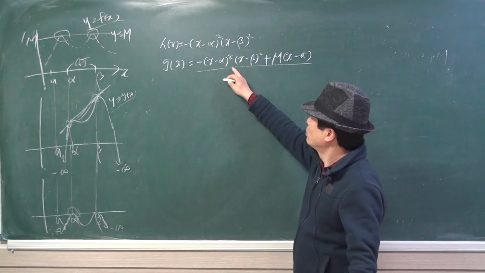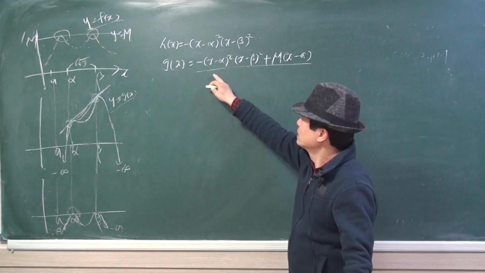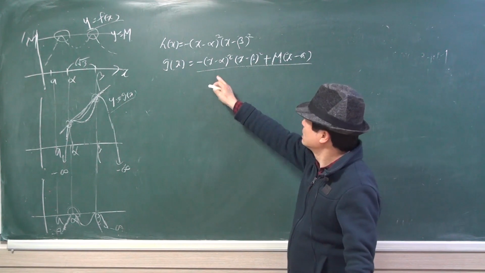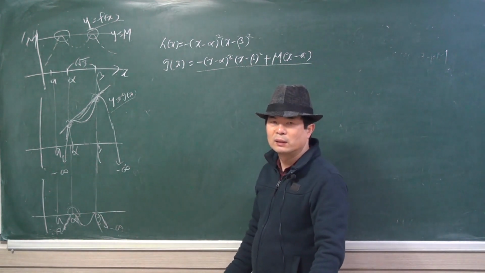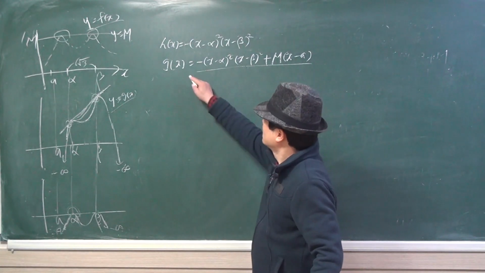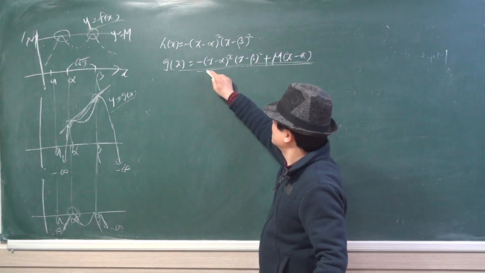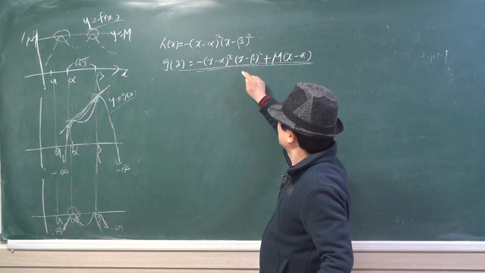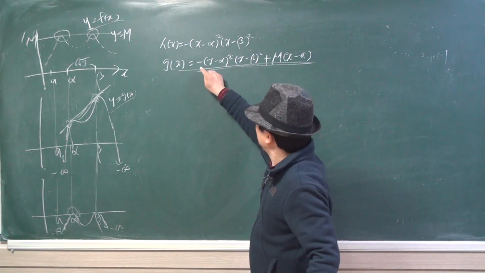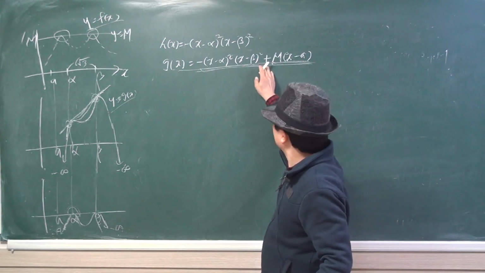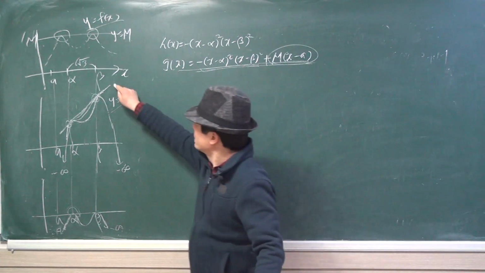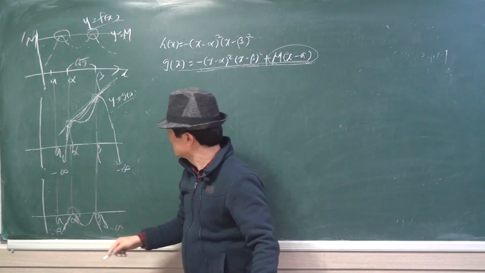This is what we have found as g(x). For now, let us interpret this function. This function is h(x) plus a linear function, which is this line.